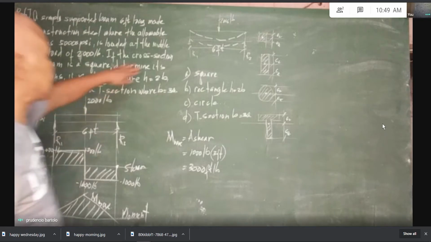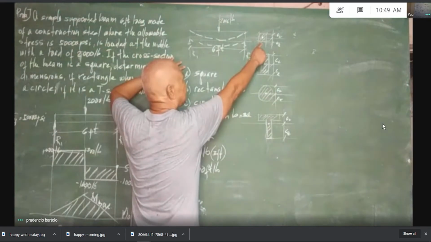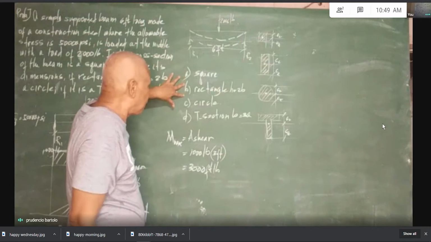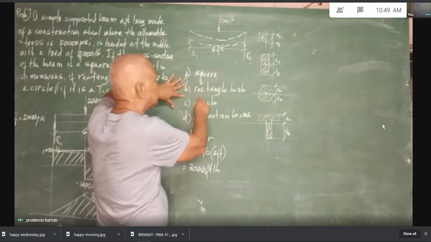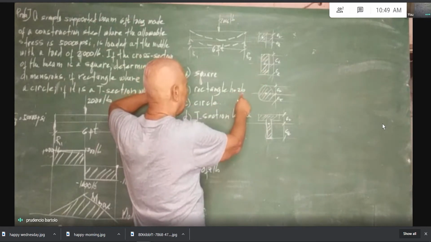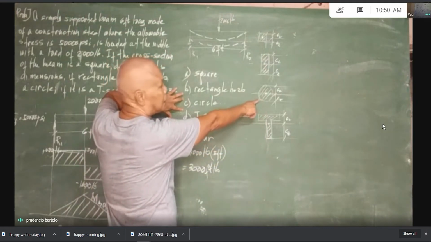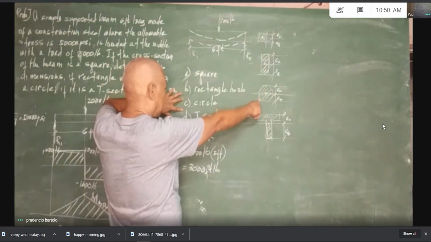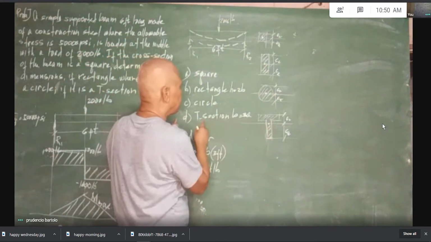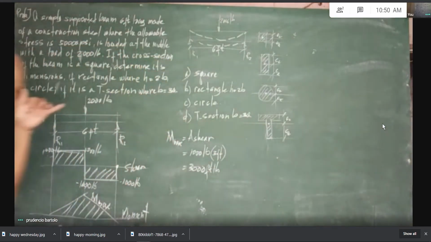So the first that we are going to consider is if the cross section is a square. The next, for letter B, if the cross section is a rectangle where x is equal to 2b. For letter C, where it is a circle. For letter D, that is a T-section with b equal to 3a.